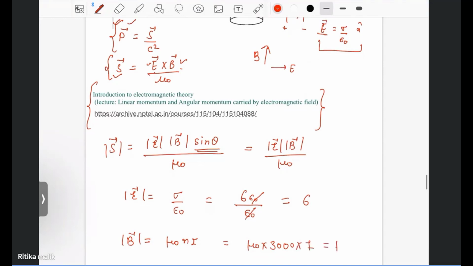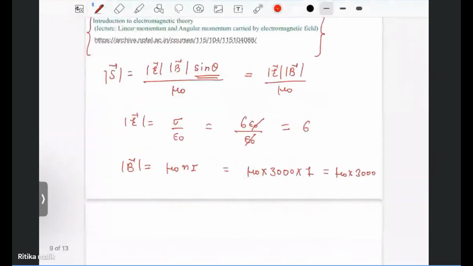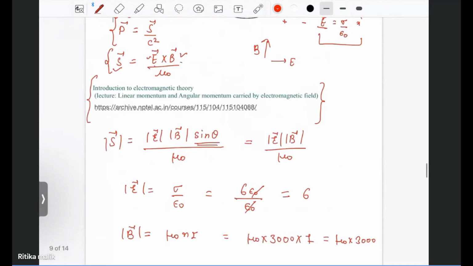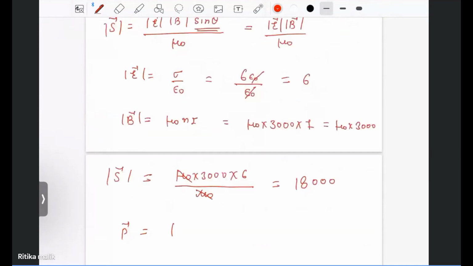And S vector becomes mu naught into 3000 into 6 by mu naught. So basically it becomes 18,000.